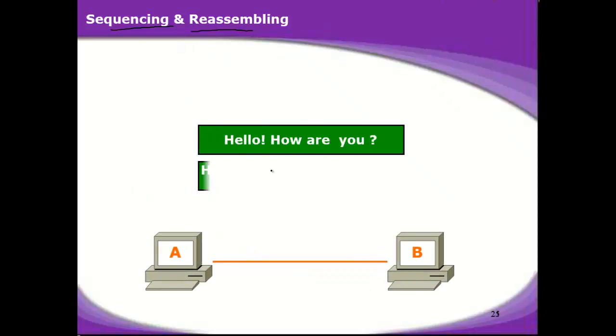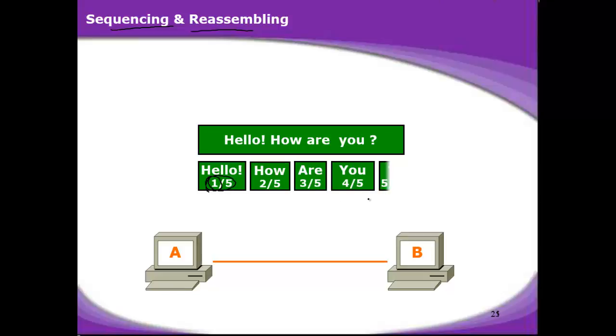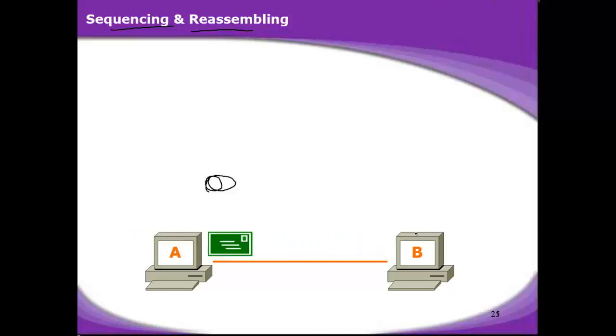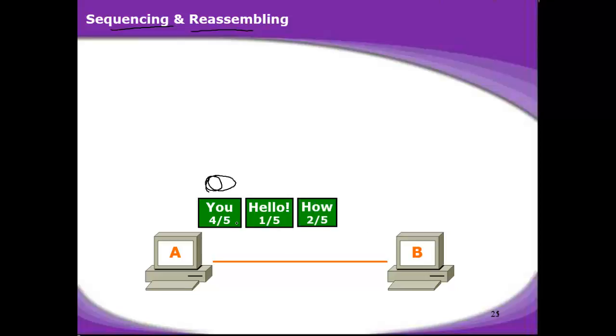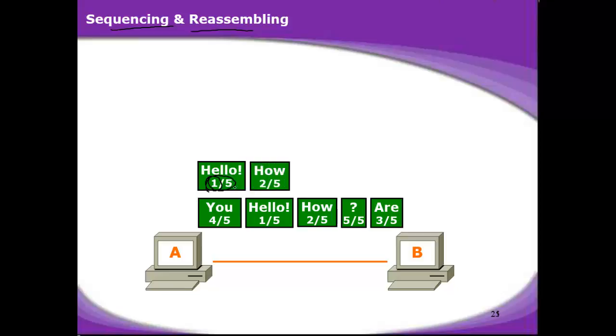So the sequencing and reassembling function of the transport layer is that you have this data, it is segmented, and it is also given a sequence number. Then on the destination side, this is going to be reassembled. The destination B may have received the segments not in the correct order, but the transport layer is going to reassemble them in the correct order.